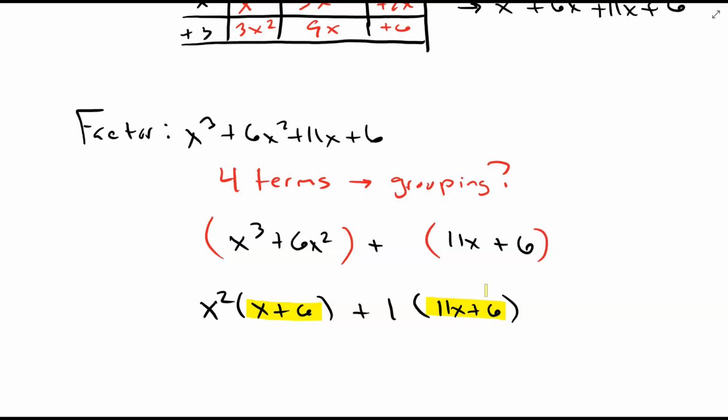Because those two parts aren't the same, I can't finish factoring this by grouping. According to my factoring tree, I would say that this is not factorable, right? I'd be done. There's nothing I can do. Everybody agree with that? Let's write that.